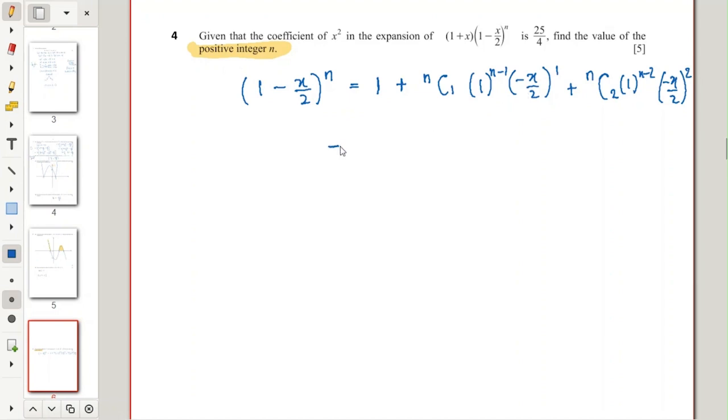So here, if you work this one out, you're going to get 1. N combination 1 is n. This will give you 1. And here you're going to get this. This is the same as n into bracket n minus 1 over 2 times 1, which is the same as 2.